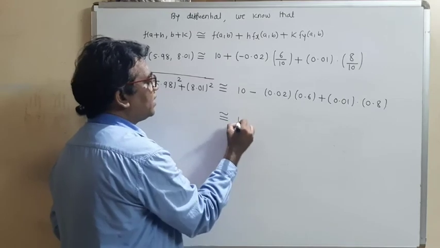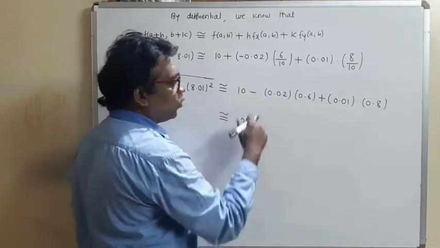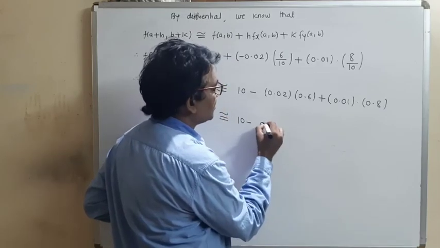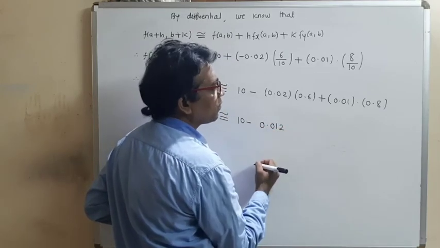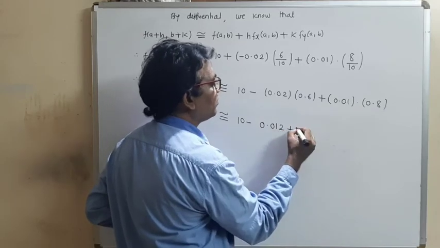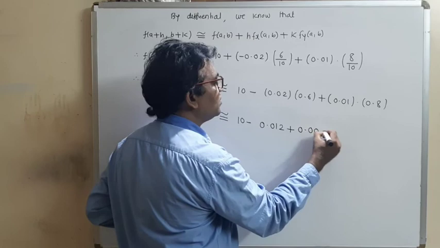So approximately equal to 10 minus 0.02 into 0.6, which is 0.012, plus 0.01 into 0.8, which is 0.008.